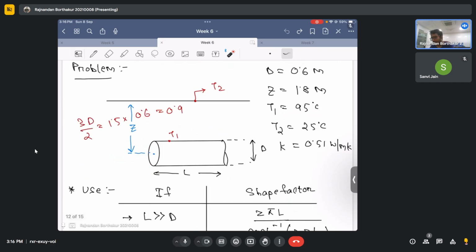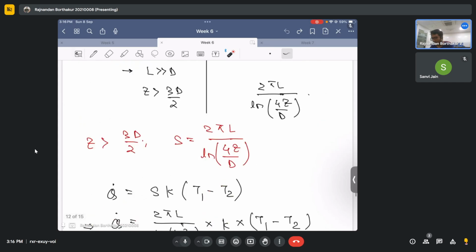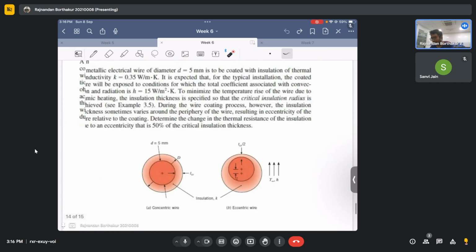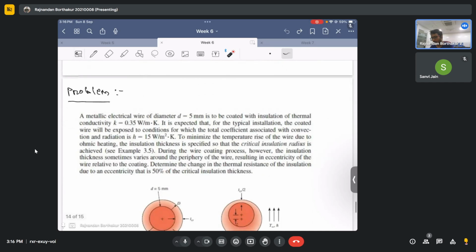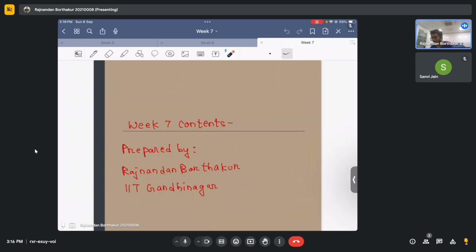Let's say if I have a cylinder, that is the other problem that we solved. This was your assignment problem, and the expression of shape factor was something like this. We will not go into this problem because it is exactly associated with the shape factor only. This is up to where we stopped in the last class, yesterday.